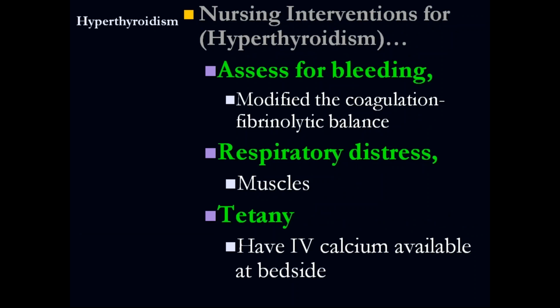Okay, so in hyperthyroidism, assess for bleeding. It is going to modify the coagulation and fibrinolytic balance. Also watch for respiratory distress, muscles, and tetany. So when you have hyperthyroidism, the gland is overstimulated. With this overstimulation of the thyroid gland, they're going to release T3 and T4, but in some way they will also be releasing calcitonin.